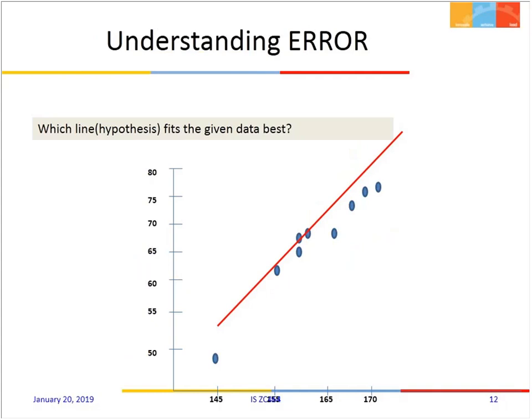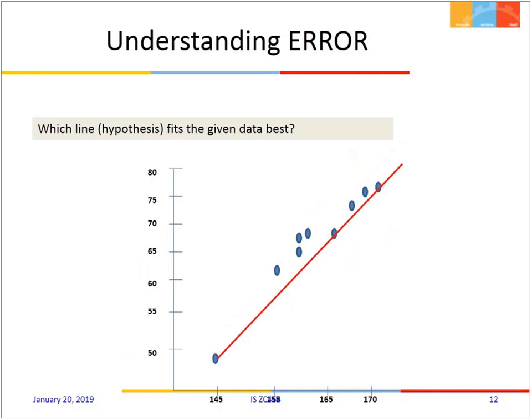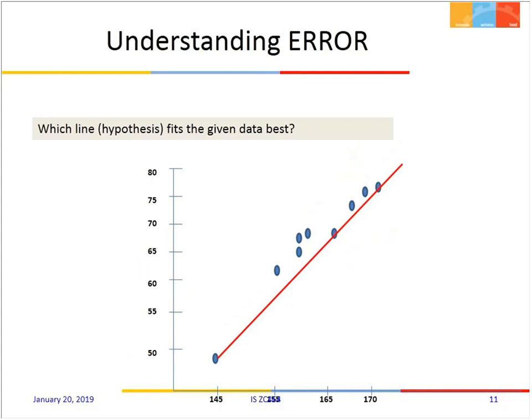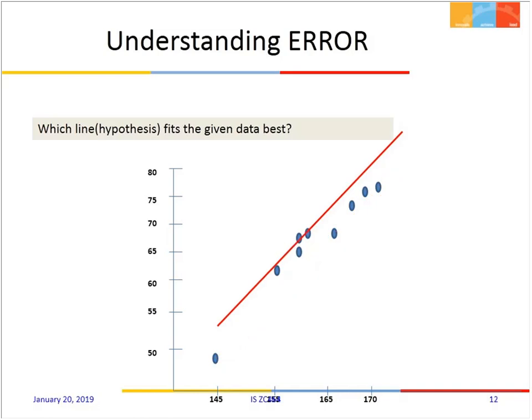So what is changing between the previous line and this line? Can somebody answer? How are these two lines different? These appear to be parallel. Yes, parallel lines will have the same slope. Accuracy of the line is, of course, a different aspect. I'm talking about its parametric form.